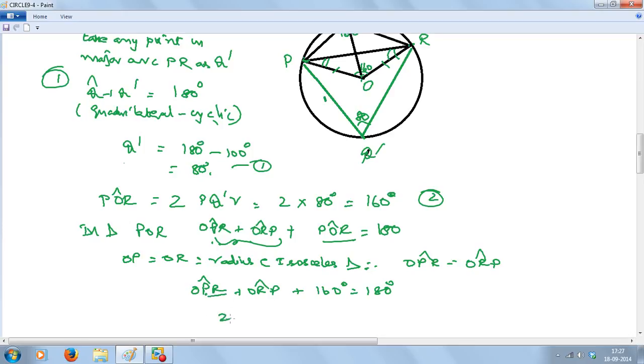If we combine these two, 2 times OPR is equal to 180 degrees minus 160 degrees, equal to 20 degrees. Or angle OPR is equal to 10 degrees. We will write this clearly again: it is 10 degrees.